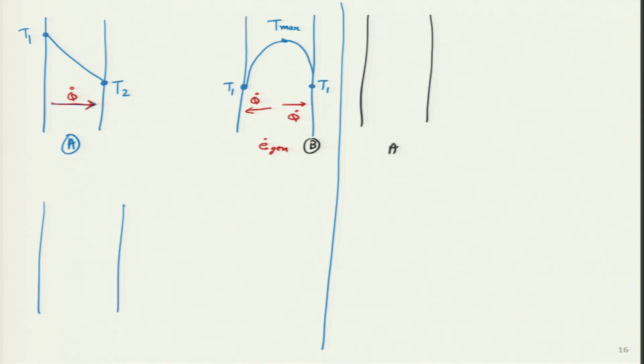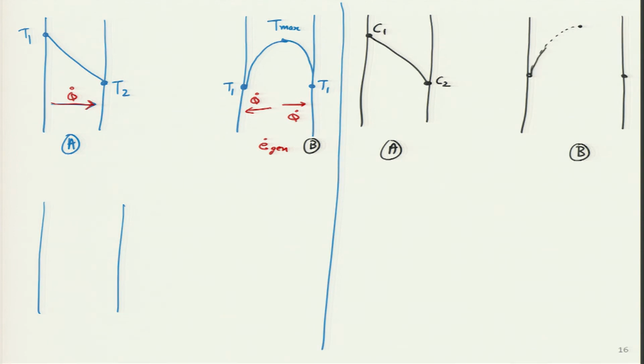For case A, we have already drawn the concentration gradient. It looks exactly similar to this. Very soon we will figure out that even for case B, there will be an exact analogy: in the middle of the wall or the middle of the medium, the concentration of that particular species.